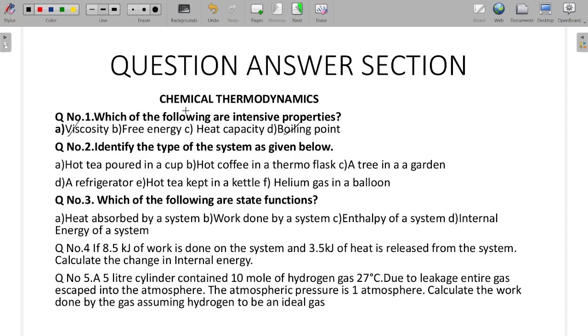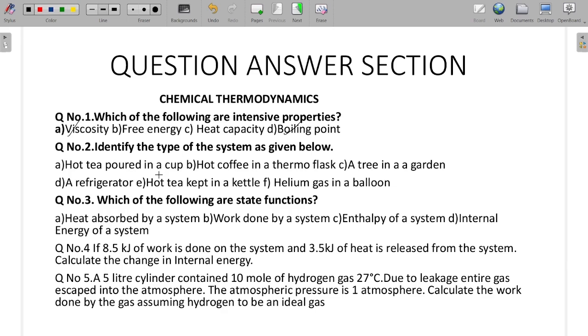Next, we'll go to question number 2. Identify the type of the system as given below. Regarding the system, you have known the types of system: the open system, the closed system, and the isolated system.